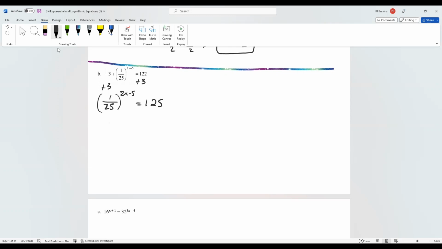So this is really 1 over 5 squared to the 2x minus 5. And over here, this is 5 cubed. There's a rule for exponents that says if I'm in a part of a fraction, then you can put me in the other part of the fraction and the sign of the power will change. So I'm going to rewrite this 1 over 5 squared as 5 to the negative 2. And that's the same thing.